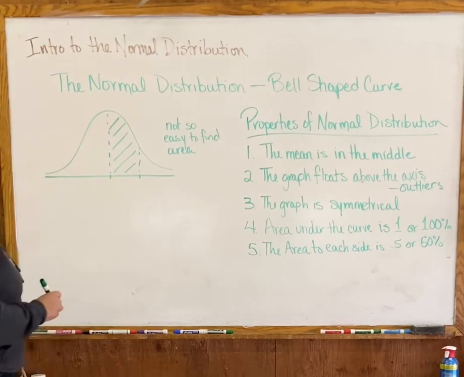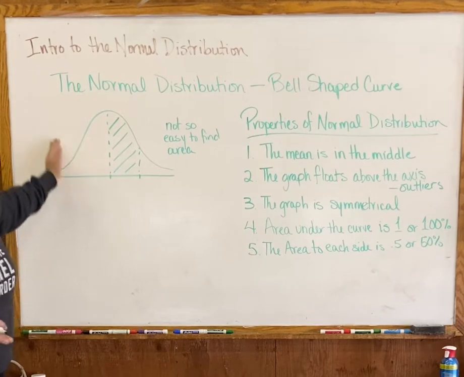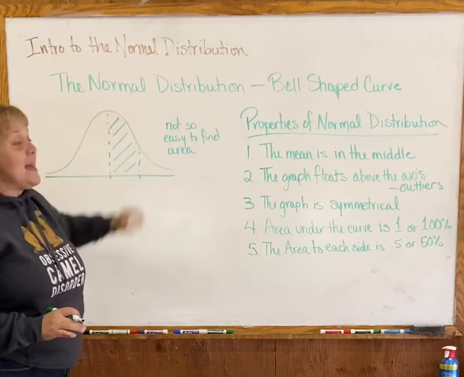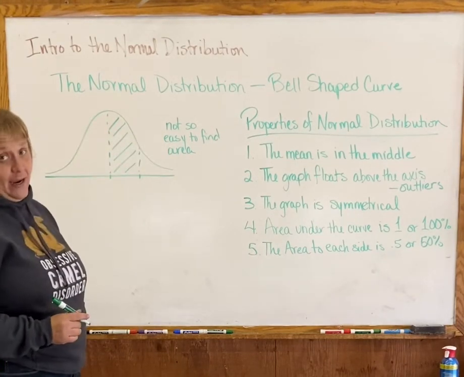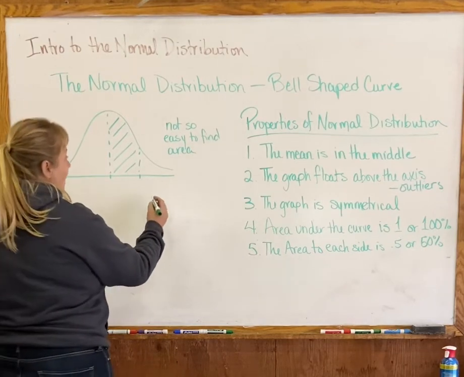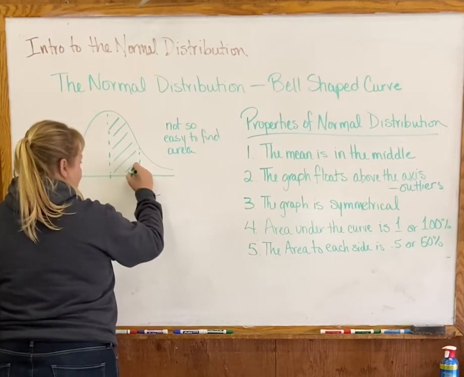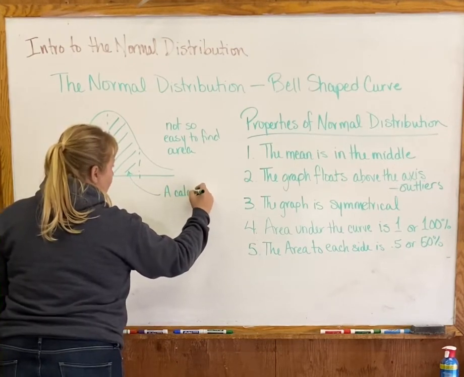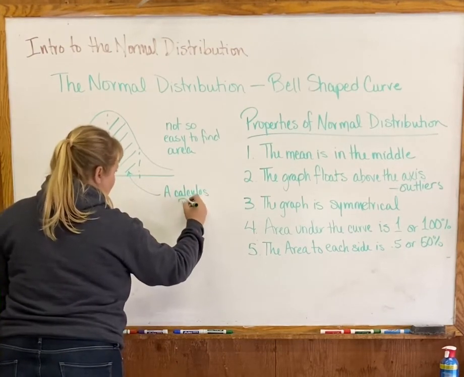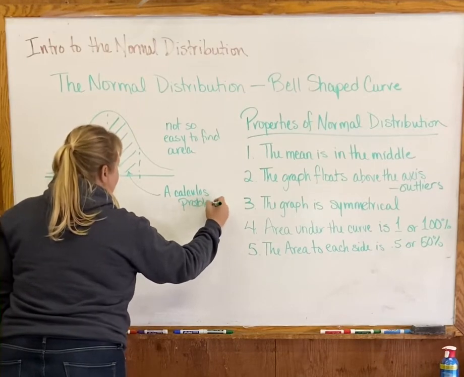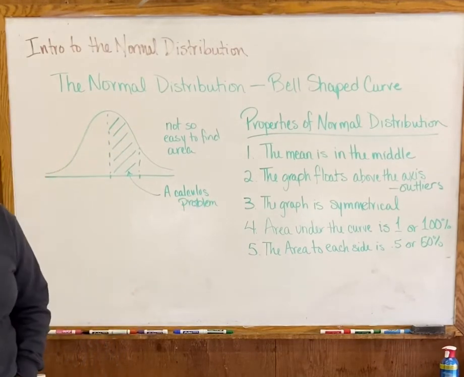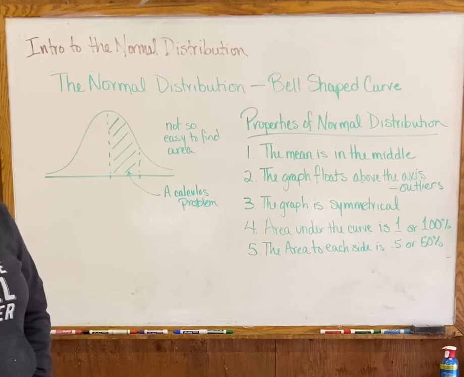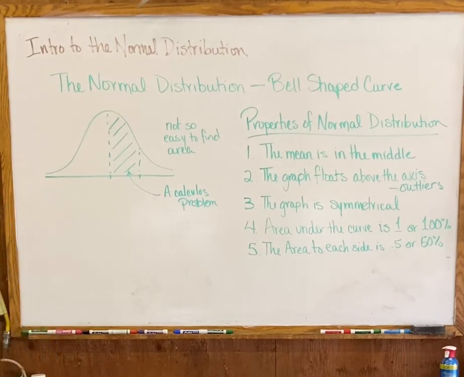Okay, so because our bell-shaped curve again has that curve, it is not so easy to find the area. This would be a calculus problem. Okay, so finding this area is a calculus problem. But the dealio is that none of you were required to take calculus to take this class.